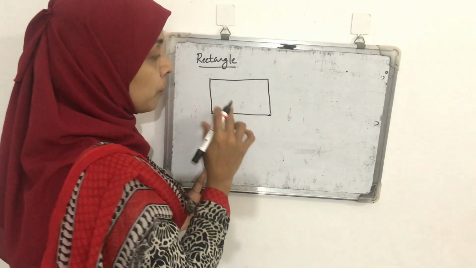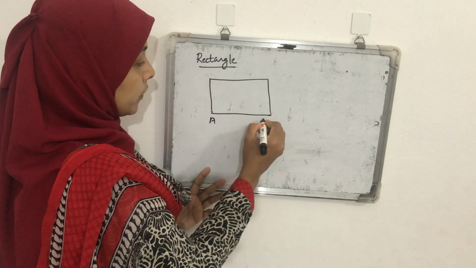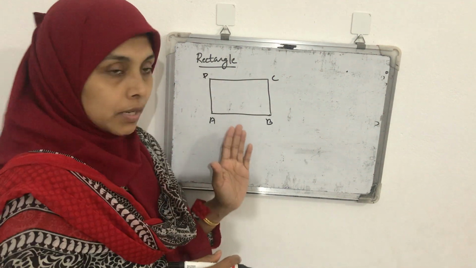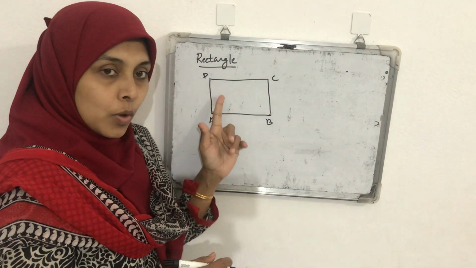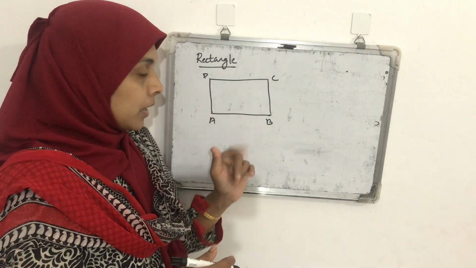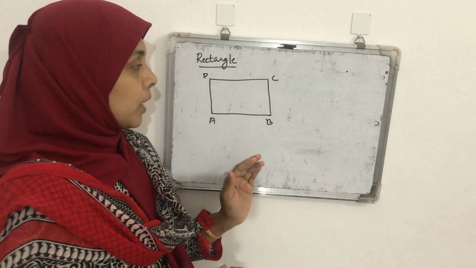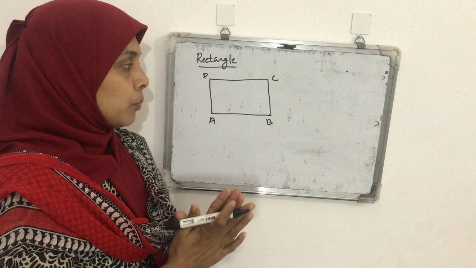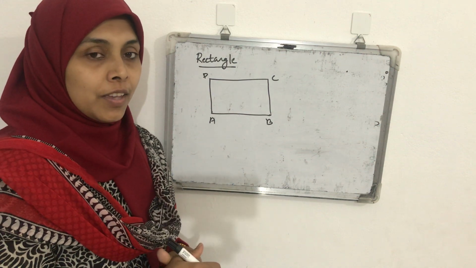All the properties of a parallelogram hold in the case of a rectangle also. So if it is a rectangle ABCD, we know it is also a parallelogram because opposite sides are equal, opposite angles are equal and diagonals bisect each other. All properties of a parallelogram hold in the case of a rectangle also. One other property is also there. What will that be? All of you know.